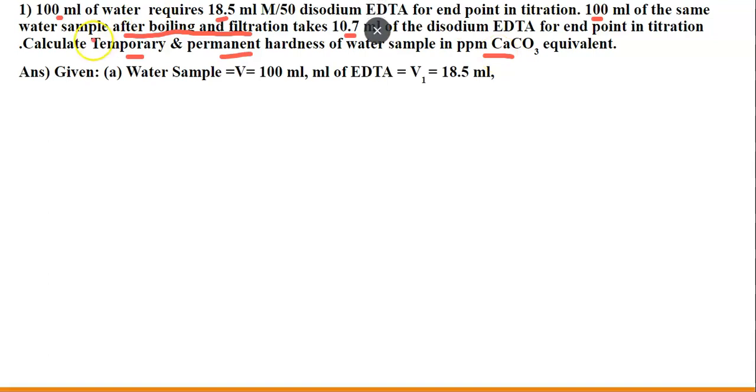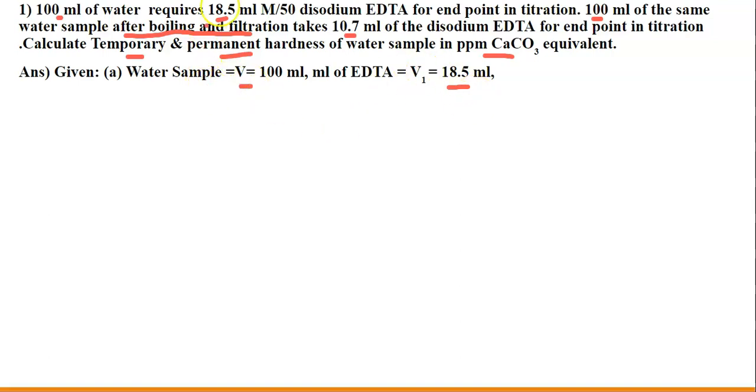First statement: the volume of the water sample, which we are assuming as V, is 100 ml. For that water sample we required EDTA, which we have taken as V1. We required 18.5 ml of EDTA.